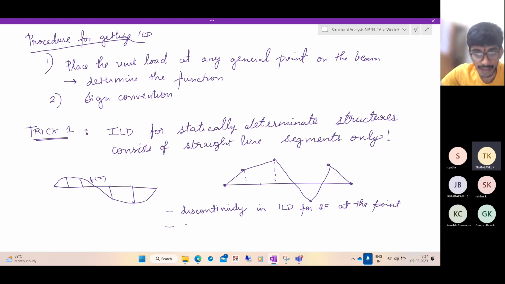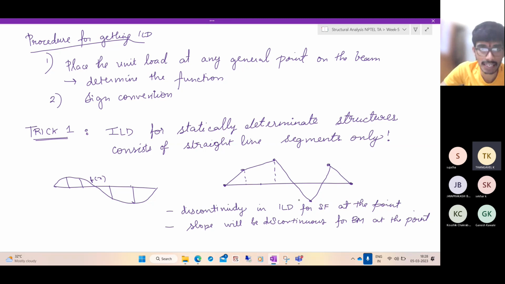So the function itself is discontinuous. And in the case of moments, for bending moment at a point, the slope will be discontinuous. So this is just a trick to do it fast, but the correct procedure is to go through it by keeping the load at a general point x on the beam, and then finding everything as a function of x.